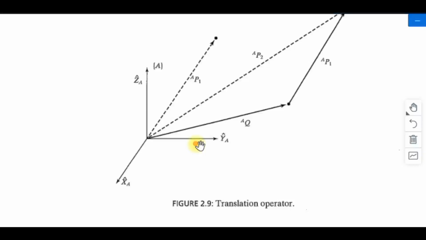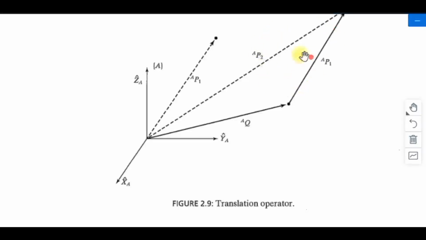So, by using vector addition, we are able to find the present position with respect to the coordinate system. It may go this side, or this side, or this side, this side.